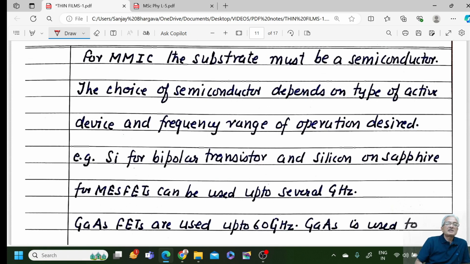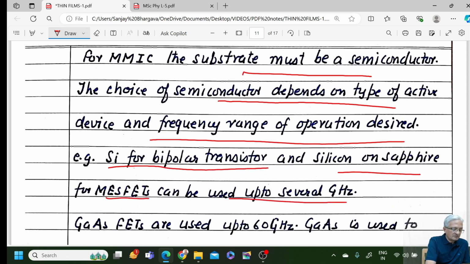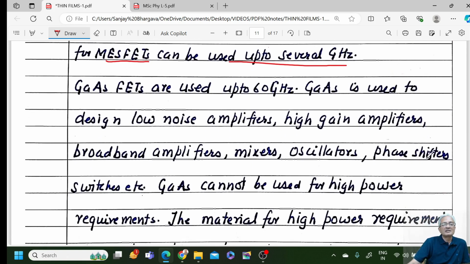For MMICs, the substrate must be a semiconductor. The choice of semiconductor depends on the type of active device and frequency range of operation desired. For example, silicon for bipolar transistors and silicon on sapphire for MESFETs can be used up to several gigahertz. Gallium arsenide FETs are used up to 60 gigahertz.